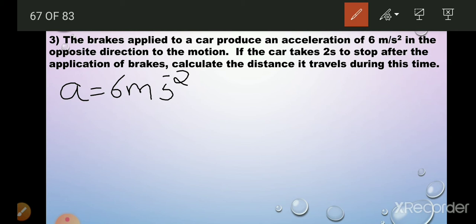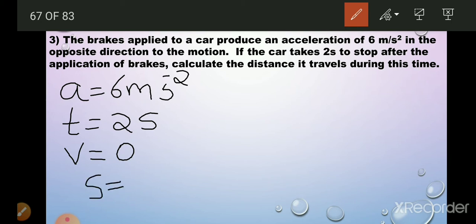Time taken is 2 seconds and the car is going to stop, that means final velocity is equal to 0. Finally it is going to rest. You have to calculate the distance it travels during this time.